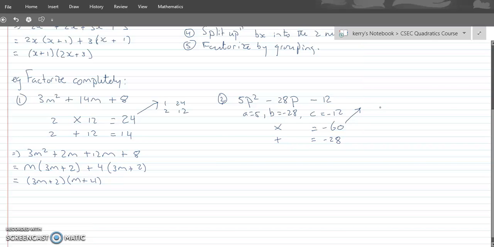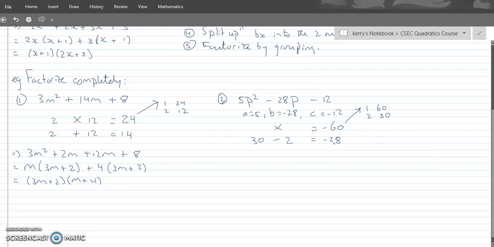Now check what we're doing. You think about numbers that multiply to give you 60. 1 by 60. Think about them in pairs like this. That can't add or subtract to give us 28. What about 2 and 30? We pause. Could 2 and 30 add or subtract to give us negative 28? 30 minus 2 is 28.